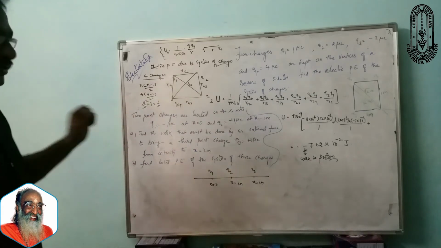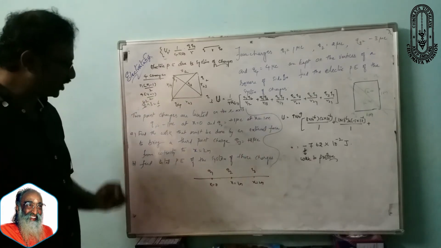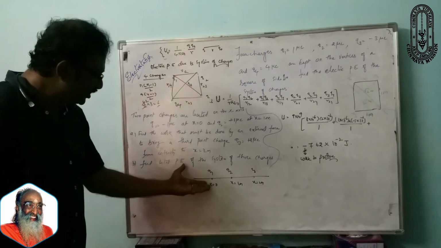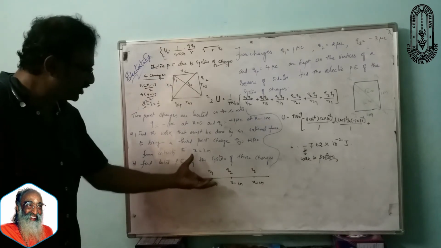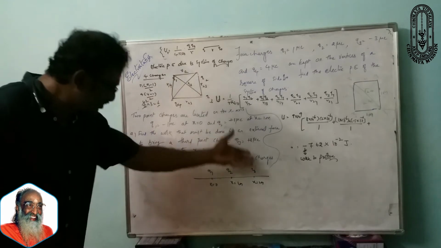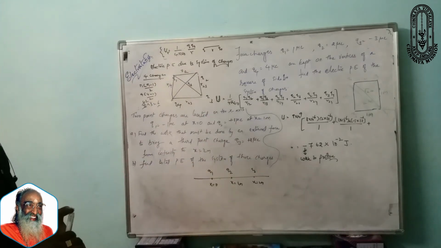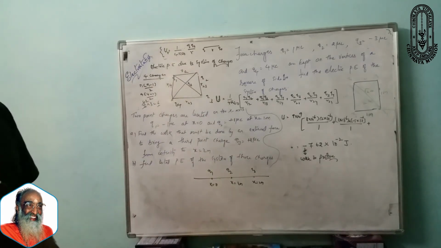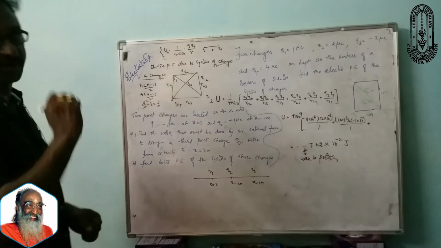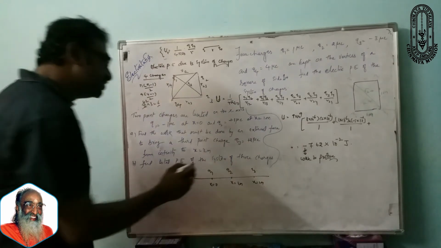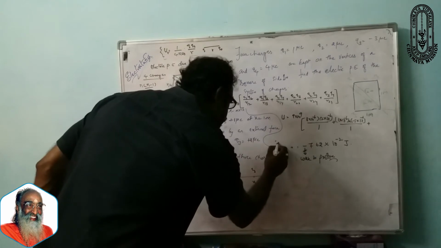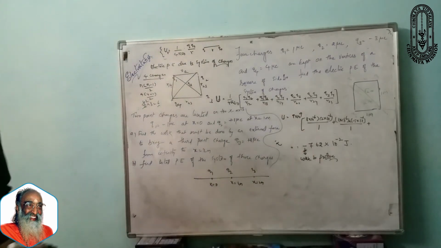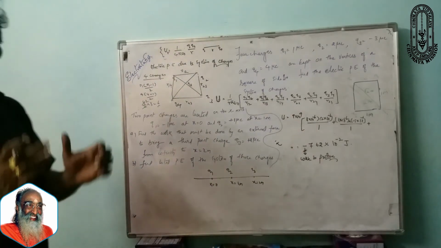We have to find the work. To find the work, what can we use here? Initially the charge is at infinity. When the charge is at infinity, what is the potential energy of the system?